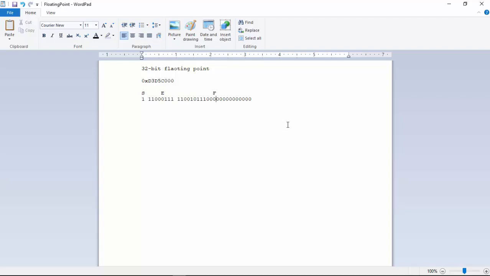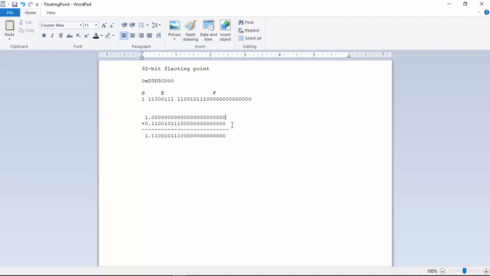So for the fraction, in the normalized form we said it's 1 plus f, okay? Which we can imagine as 0 dot this bit pattern, and you add the 1 and you get 1 dot this, right?